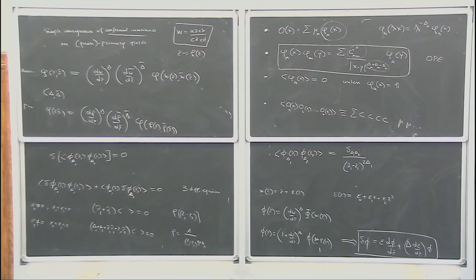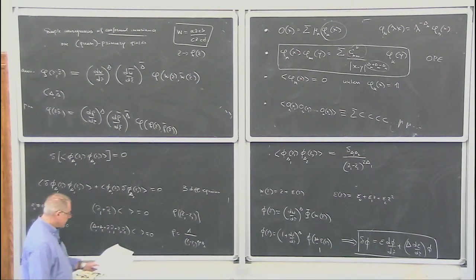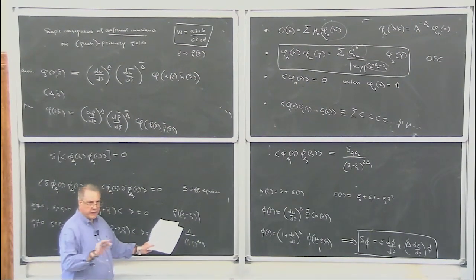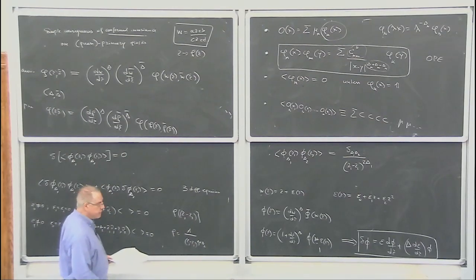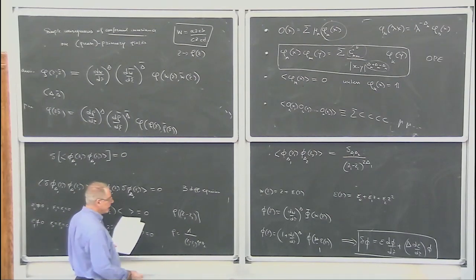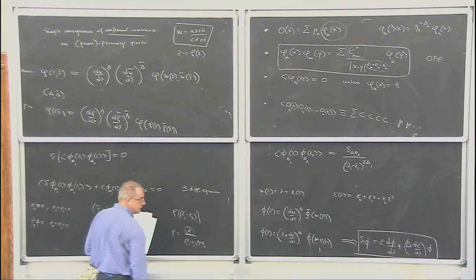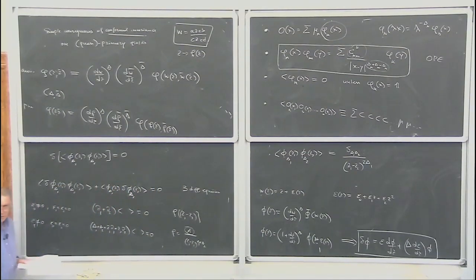Okay? And now I leave you as an exercise to impose the third equation. And you realize that, since the function is already fixed at this stage, the only thing the third equation can do for you is give a constraint on this constant.